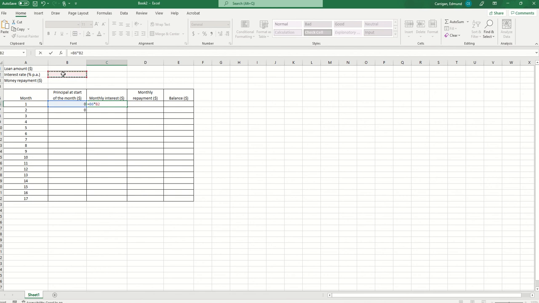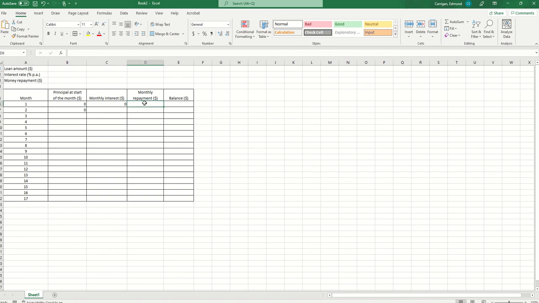I'm going to enter it in percent, so that's going to be divided by, and I'm going to use a bracket here, divided by 100 for percent, and then times 12. In fact, I'm going to change that because Excel is going to divide by 100, and then I'm going to go divided by 12. And that's going to give me my monthly interest.